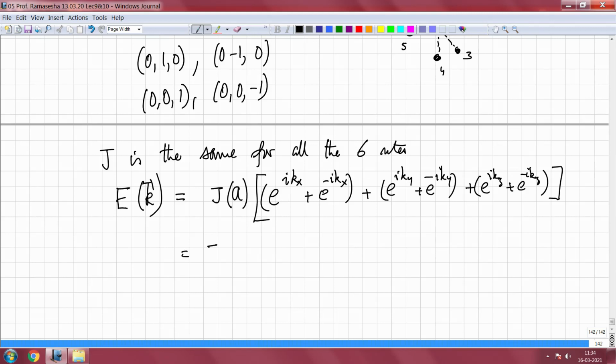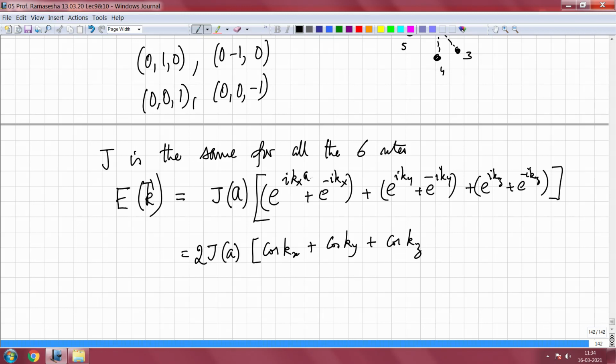This will give me J of A times, I can write it as 2 constant here, I take it, cos kx plus cos ky plus cos kz.